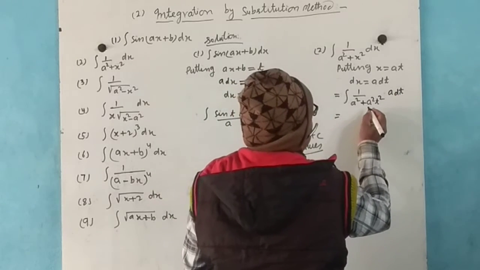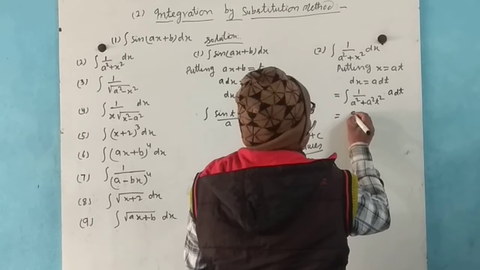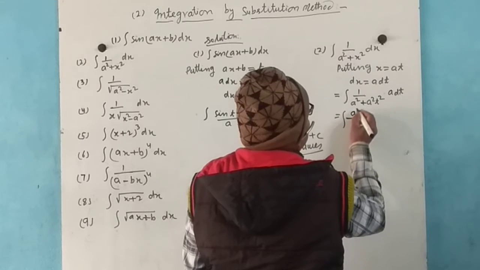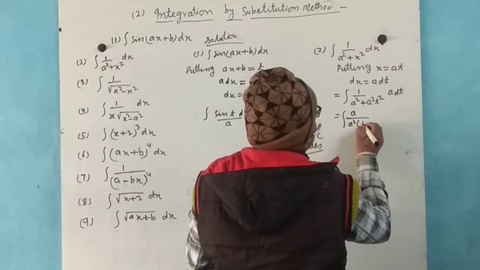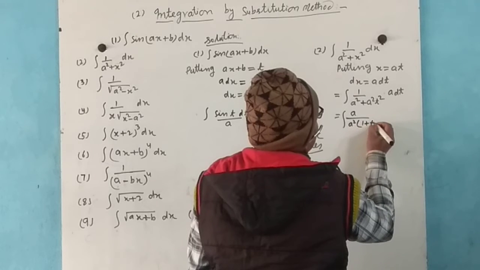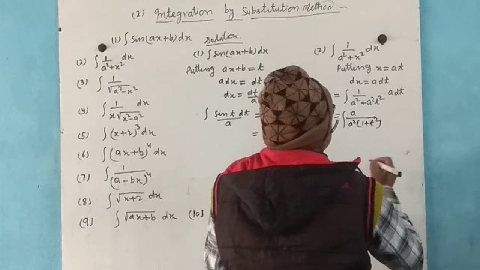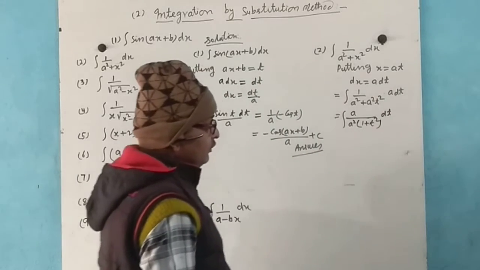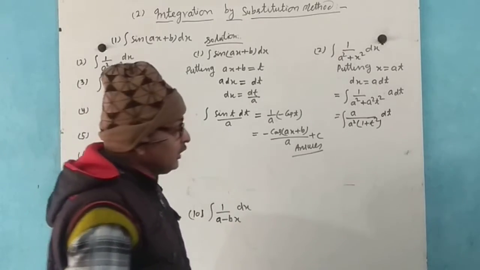Now in this case, we take a square common, giving a square times 1 plus t square, and dt.